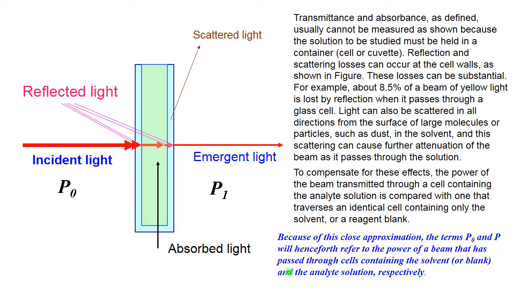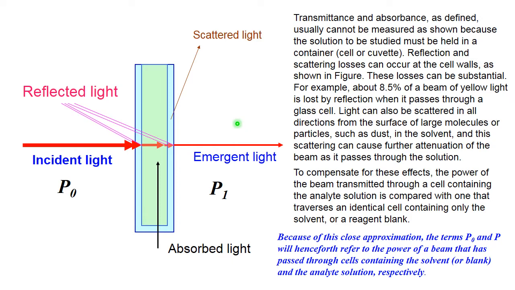Transmittance and absorbance, as defined, usually cannot be measured because the solution must be held in a cuvette or cuvette cell. Reflections and scattering can occur at the walls, as shown in the figure. These losses can be substantial.